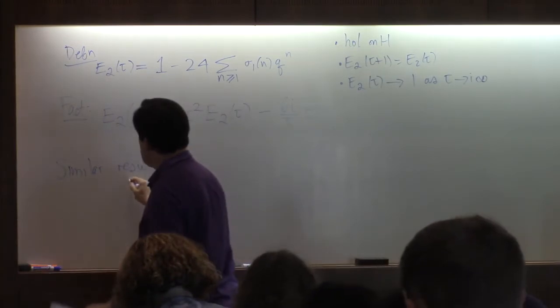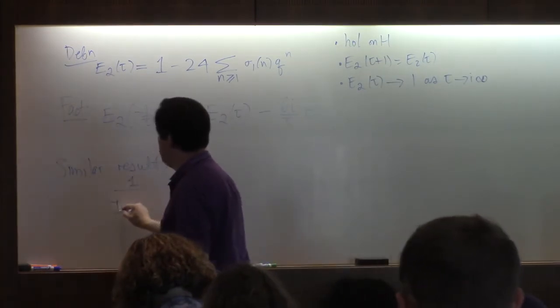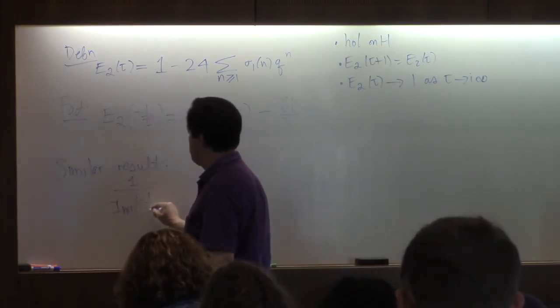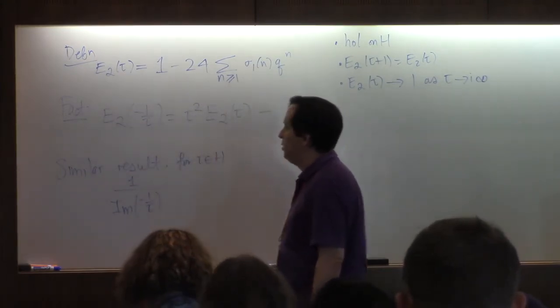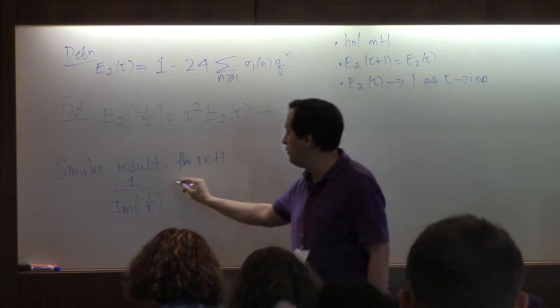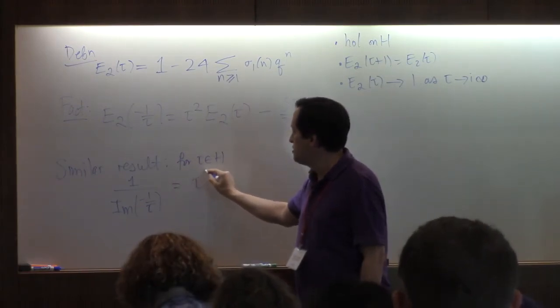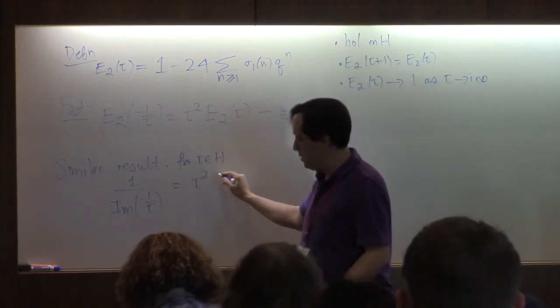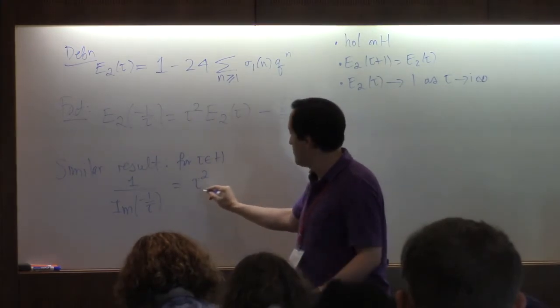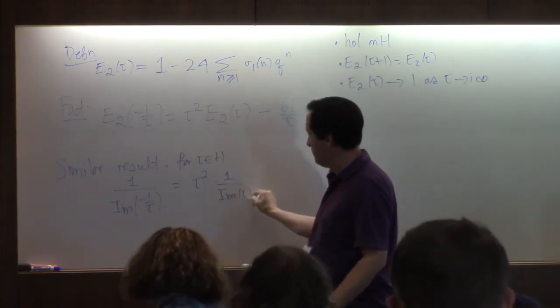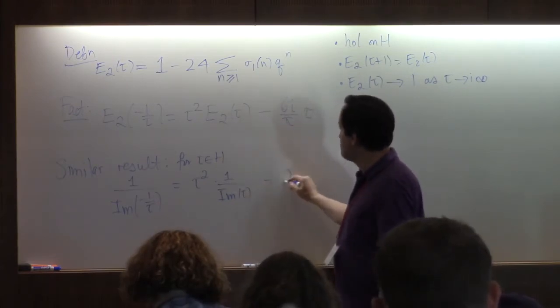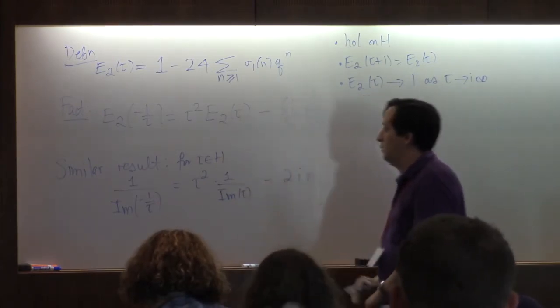Namely, the reciprocal of the imaginary part function. So for points in the upper half plane, 1 over the imaginary part of minus 1 over tau turns out to equal tau squared times 1 over the imaginary part of tau, minus 2i tau.